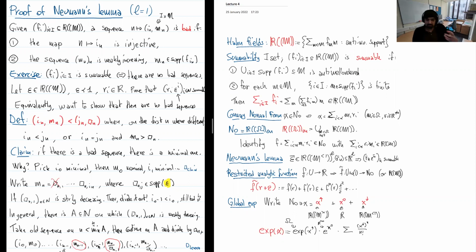So this is where I use that epsilon is infinitesimal, in this very final step. Okay, and now since these monomials o in the denominator are weakly decreasing, the sequence remains weakly increasing. And I'm contradicting the minimality now because this index went down by 1.